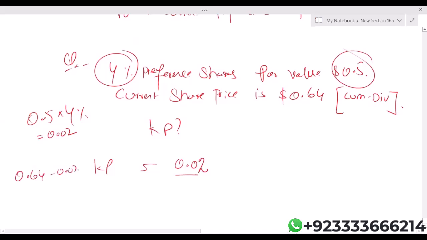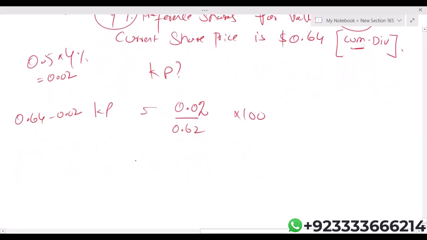Then 0.64 minus 0.02, because it is cum div, we have to make it ex div, gives 0.62. Then 0.02 divided by 0.62, multiplied by 100. Students, I'm getting 3.2258. What about you? Please reply. 3.2258, okay, make it 3.226, that is acceptable. Great.